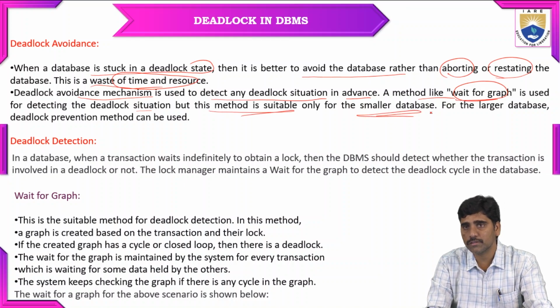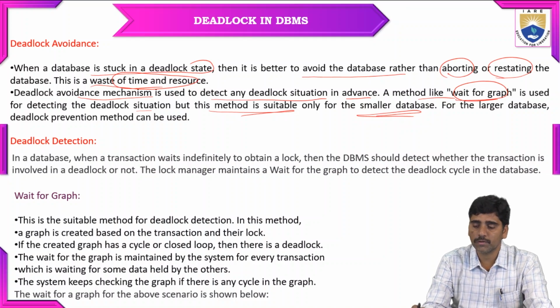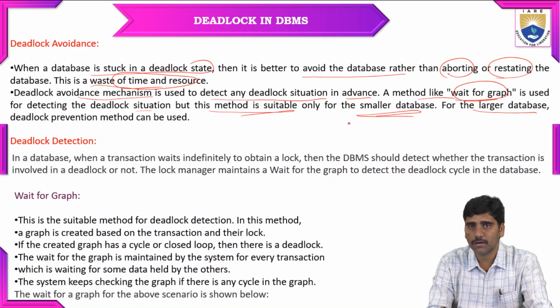So the wait-for graph is one such deadlock detection mechanism. For larger databases, a deadlock prevention method can be used.